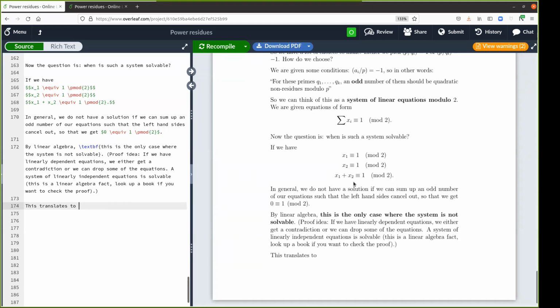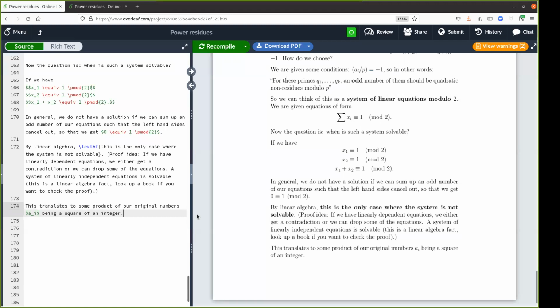And note now if we have an odd number of equations which by summing up we get a contradiction, this means that the product of some of our original numbers was the square of an integer.